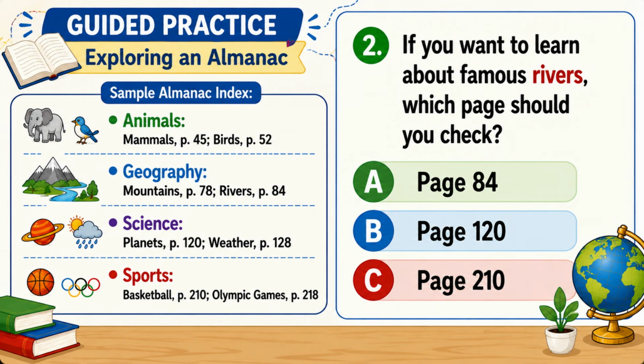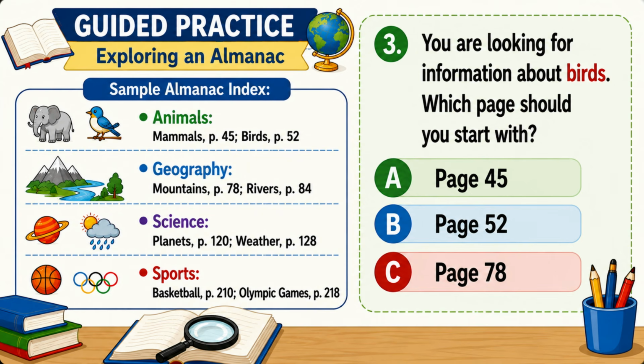B. Page 120. C. Page 210. Number 3. You are looking for information about birds. Which page should you start with? A. Page 45. B. Page 52. C. Page 78.